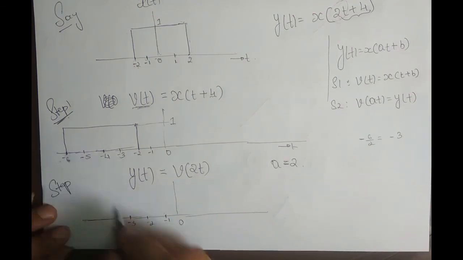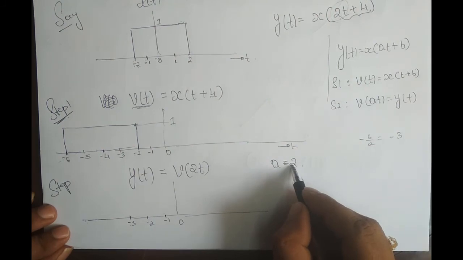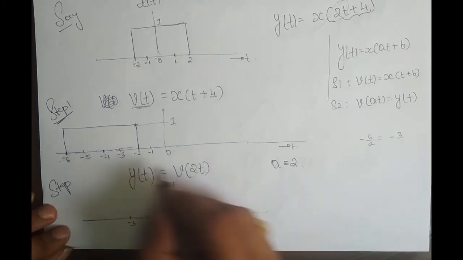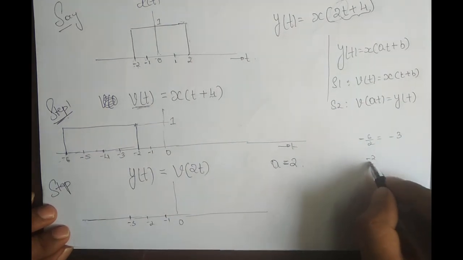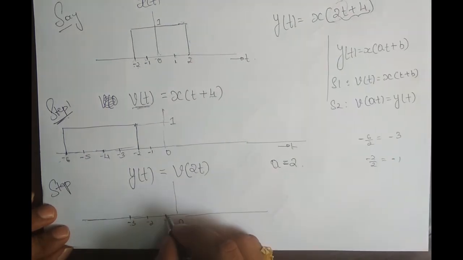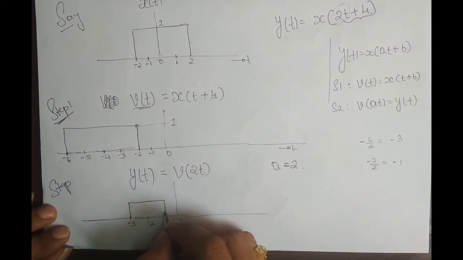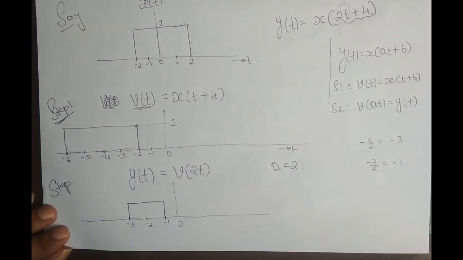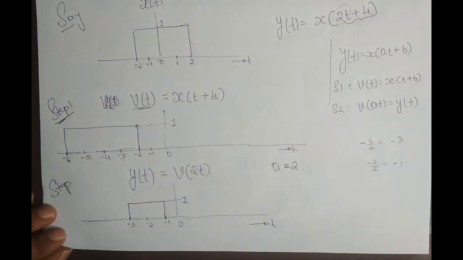Whereas -2 gets multiplied with the inverse of a, which is 1 by 2. So -2 into 1 by 2, which is -2 by 2, which is equal to -1. So this goes to -1. So our signal is a compressed version. It starts from -3 and ends at -1, and its amplitude is 1. So this is the t axis.